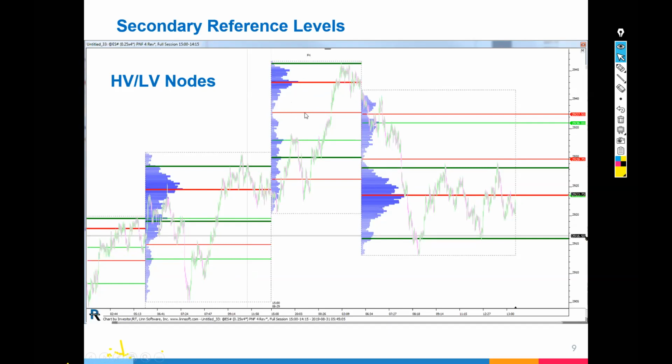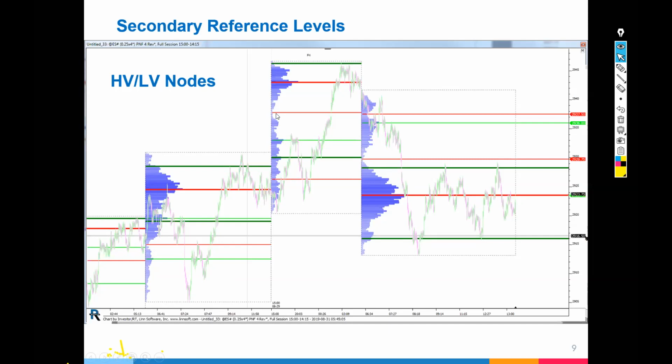And here on these same profiles that we've been looking at, the low volume nodes are the points on the profile where we've had the least trading within a specific range. So within every, let's say, 3 points or 5 points, where was the lowest level and where was the highest? Using that criteria, we can identify our highest trading nodes and our lowest ones.